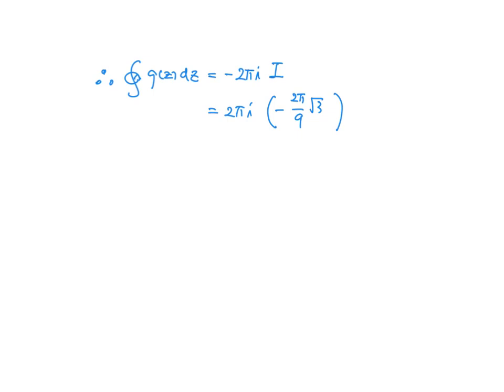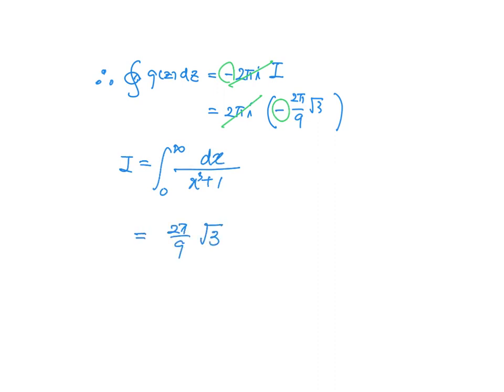So this cancels each other and minus 9 cancels each other. So I becomes simply 2 pi over 9 square root of 3. So also pi is appearing everywhere. But isn't it nice that we can get this complicated integral?